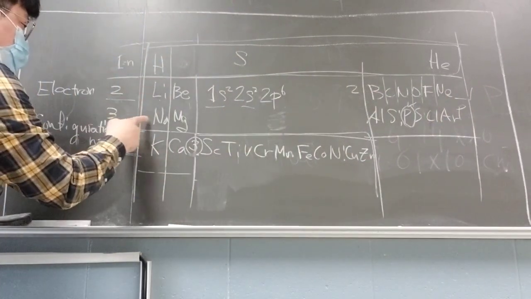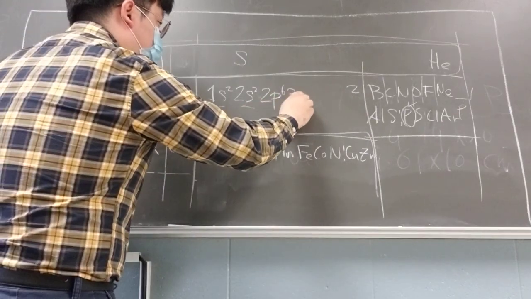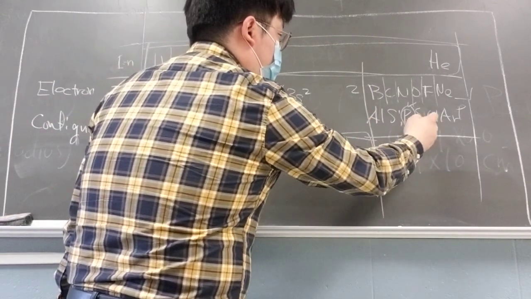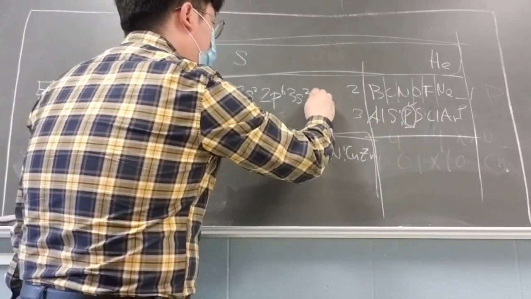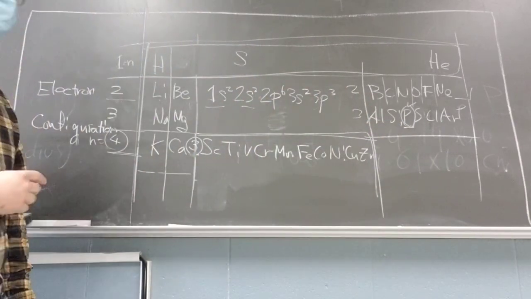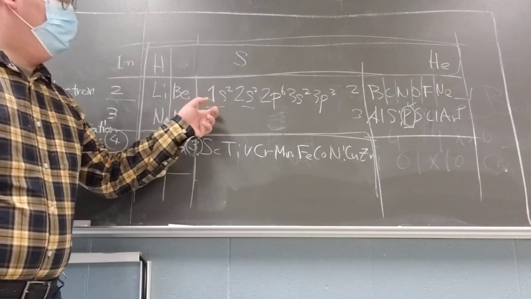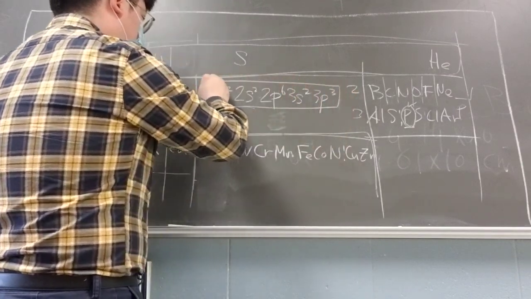Now the next row is 3. This is the S block, 3s1, 3s2. And now we get to 3p: 1, 2, 3. So that's it. That is the electron configuration form for phosphorus.